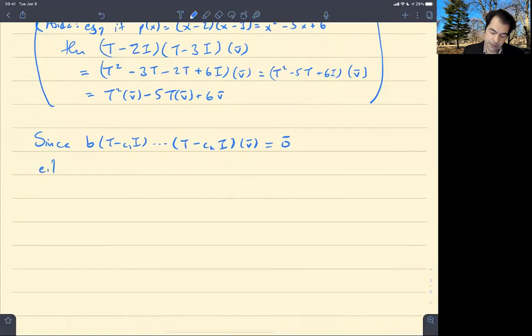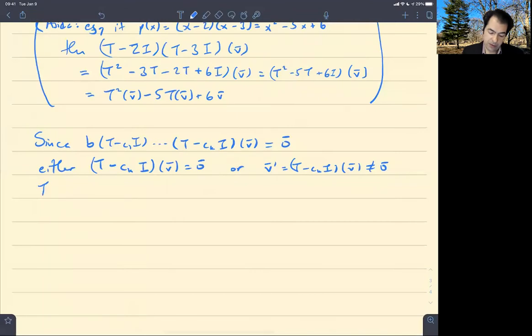either T minus ck times the identity applied to v is equal to 0, or it's not. Or, let's call it v prime, T minus ck times the identity applied to v is not equal to 0.